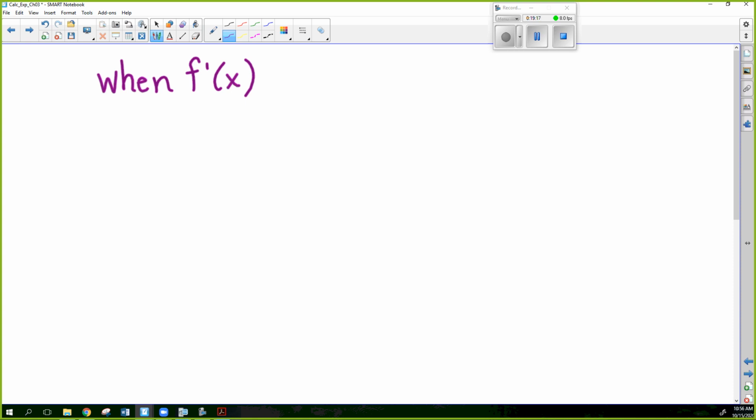What's a math way using math symbols to write that something is negative? Less than 0. So when the derivative is less than 0, that automatically means negative.